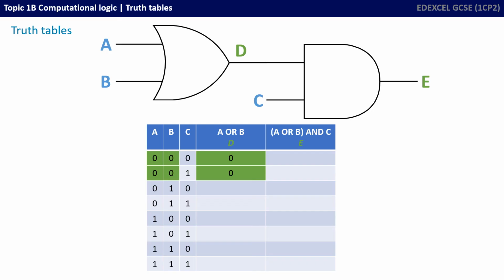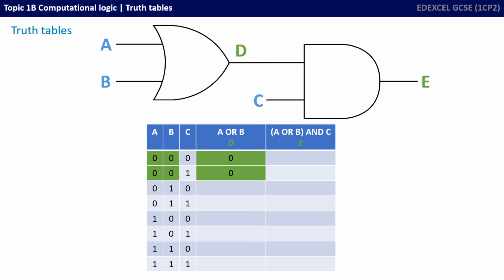So the first thing I do is just deal with one gate in isolation, and it's best to start from the left hand side. So ignore the AND gate completely. We're just dealing with A and B being our inputs and D being our output. This is an OR gate, so either A or B can be 1 and our output D will be 1.